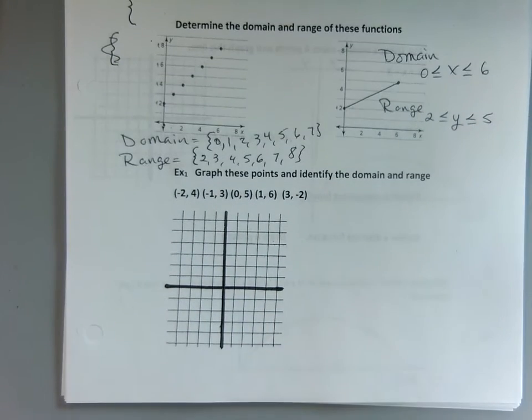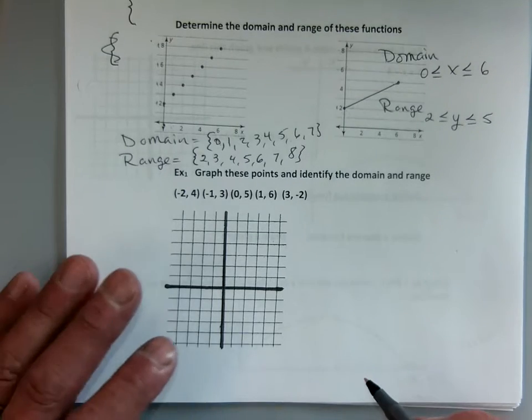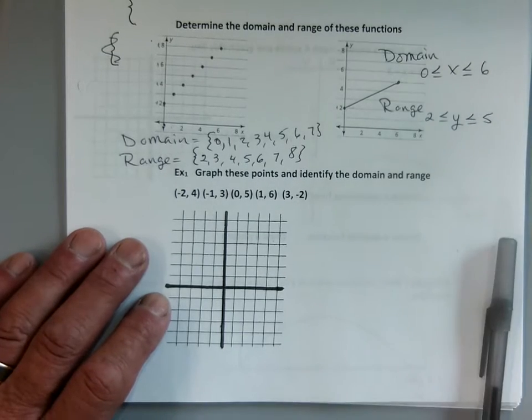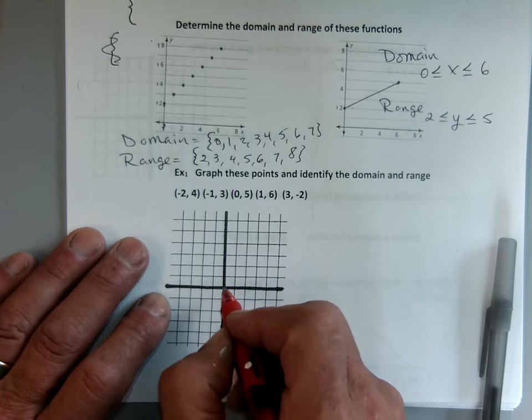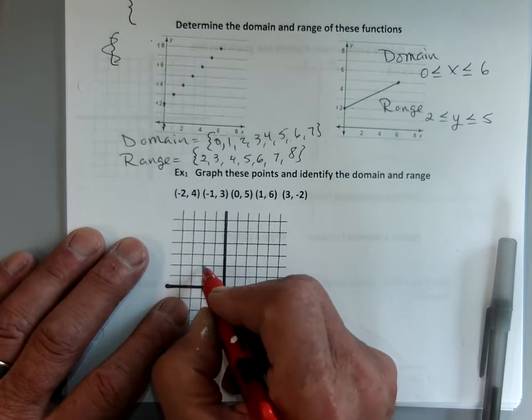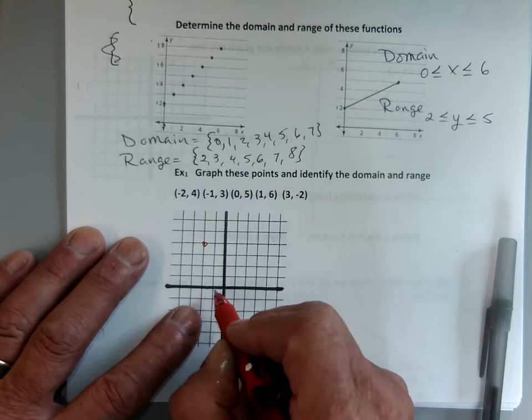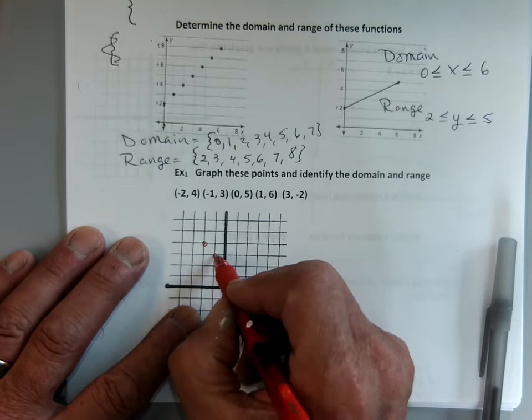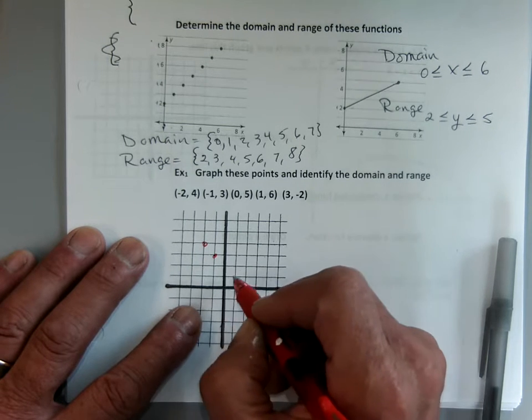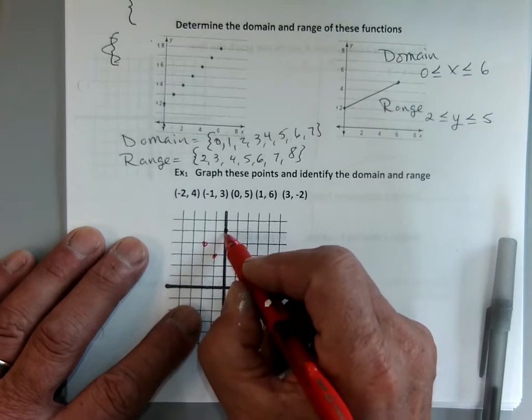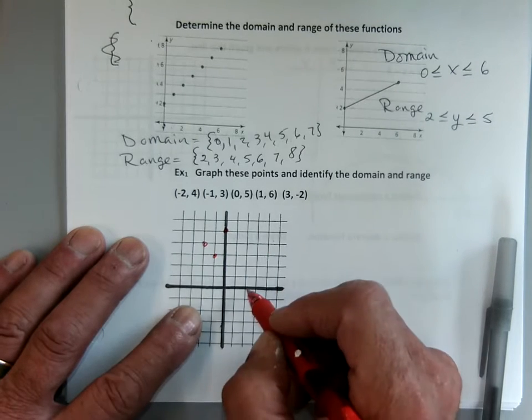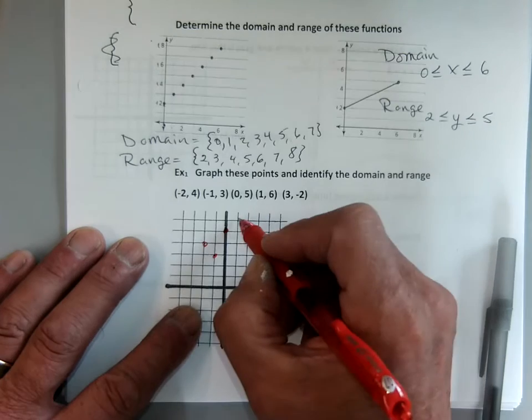Okay? Example 1. Graph these points, and identify the domain. Well, this is pretty easy. -2, 4. -1, 3. 0, 5. 1, 6.